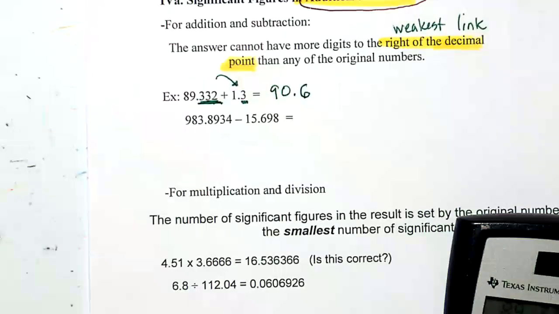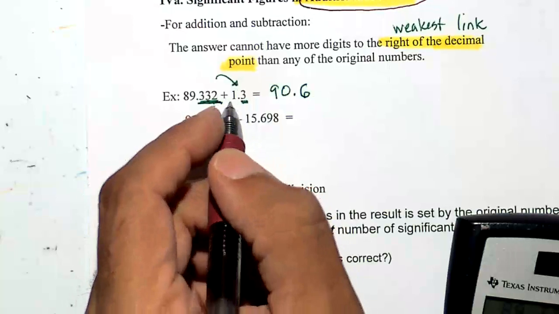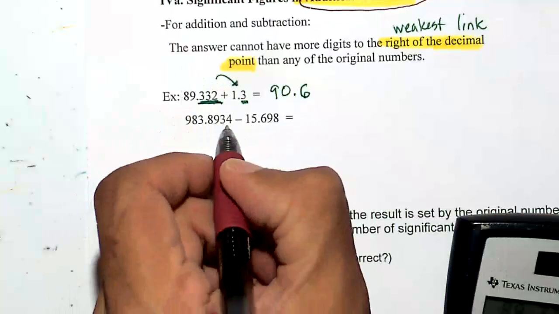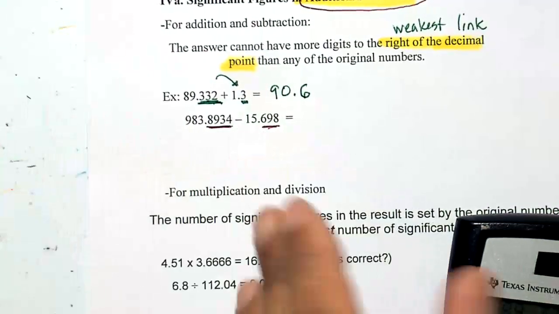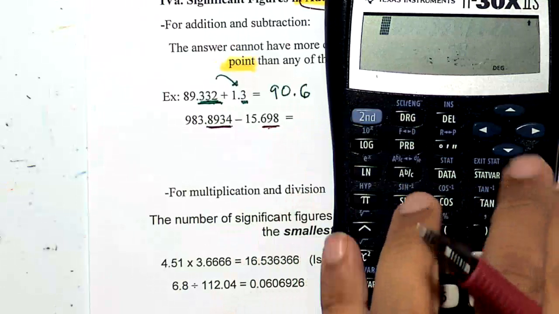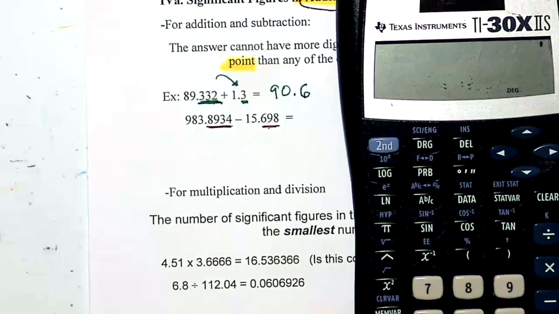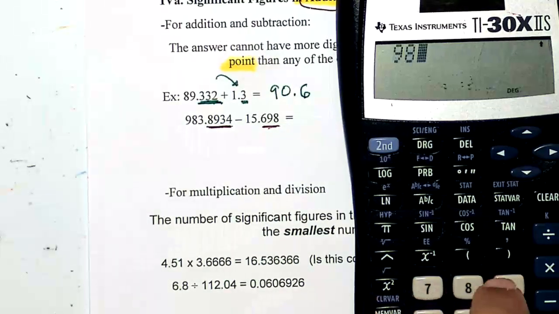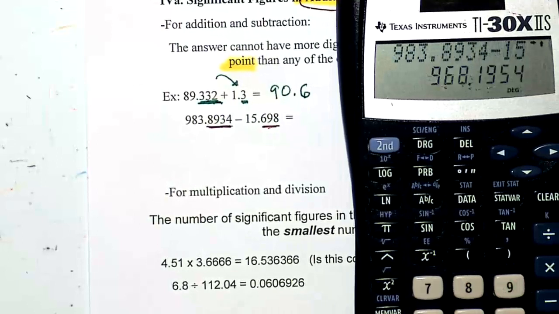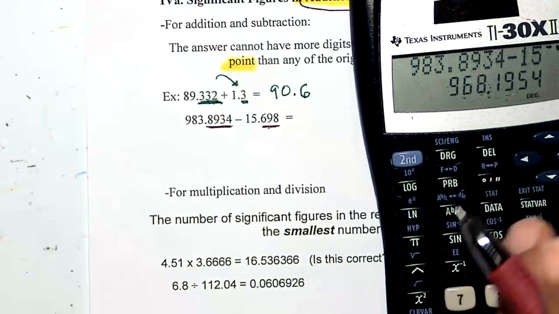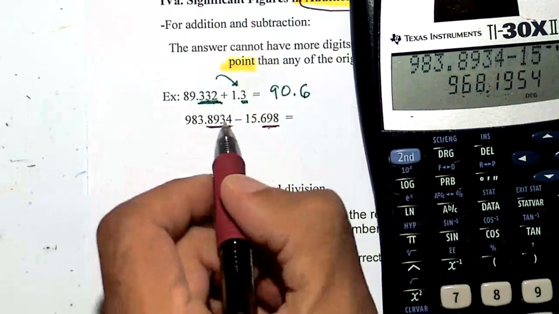Is everyone okay with this? 90.6. Okay, what about this one here? For addition and subtraction, the weakest link is the number of decimal places. This is to 4 decimal places. This is to 3 decimal places. Are we going to report everything in our calculator? No. We're not going to report all those digits.